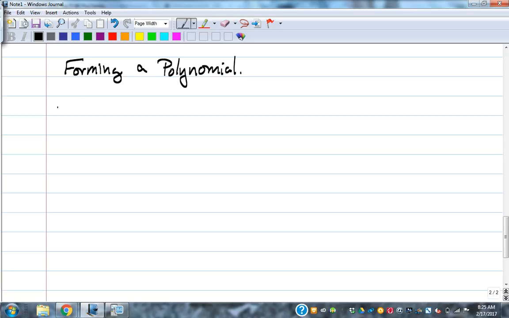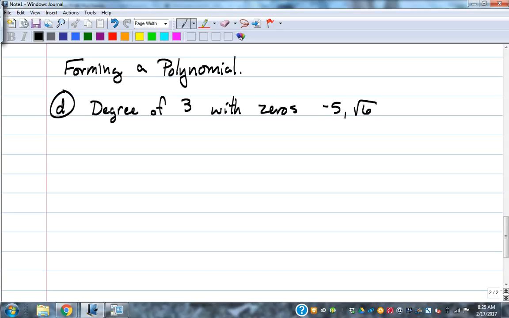All right. So example D would be form a polynomial with the degree of 3 with zeros -5, and the square root of 6. Huh. If it's got a degree of 3, how many zeros should it have?